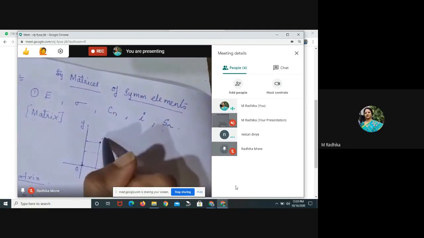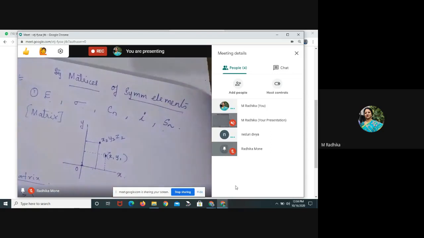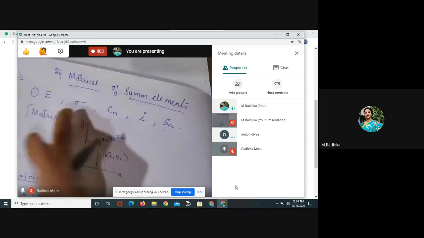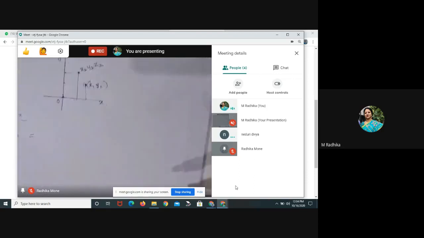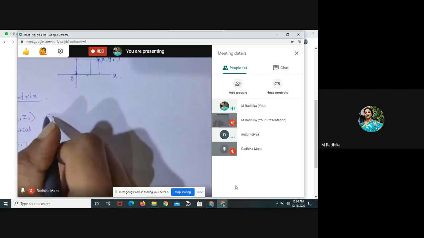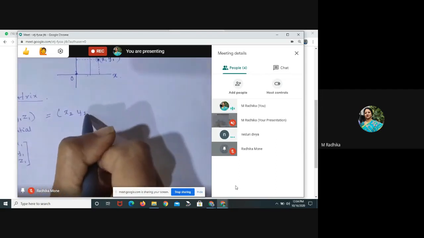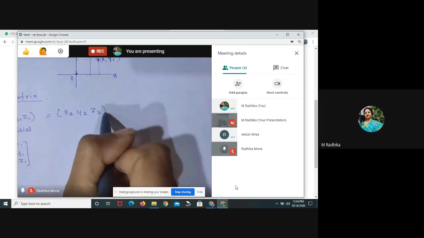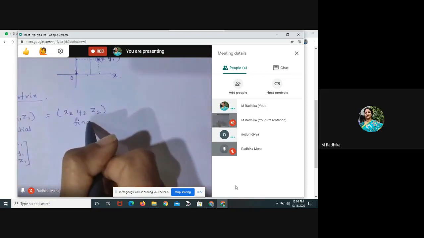So I will write this as x2, y2 and z2. Some operation I have done, or I have moved the point. So this x1, y1, z1 is becoming x2, y2, z2. This is the final position of that particular point.